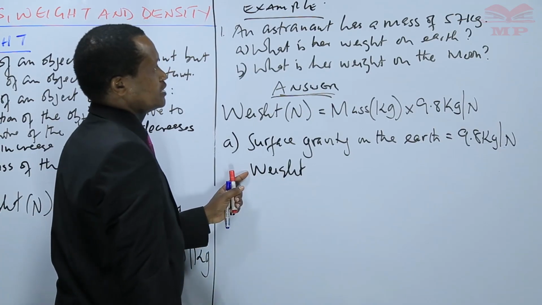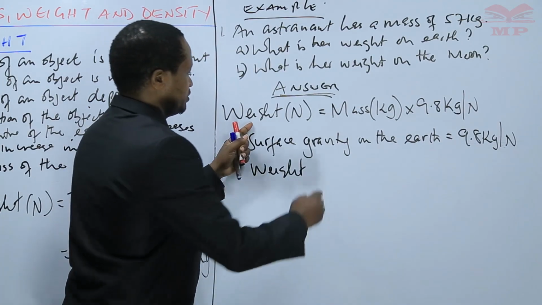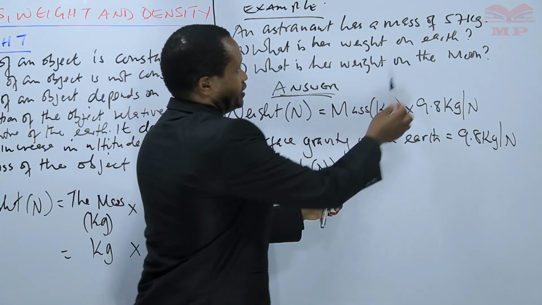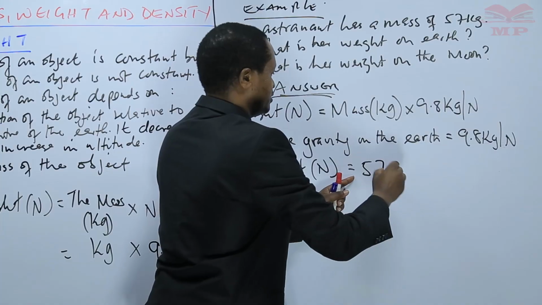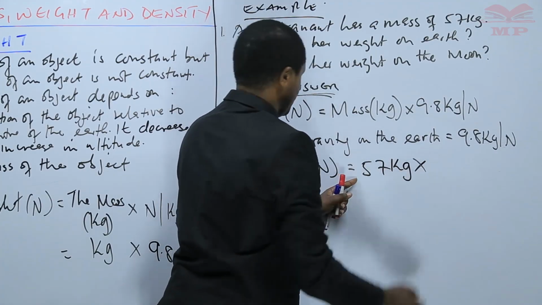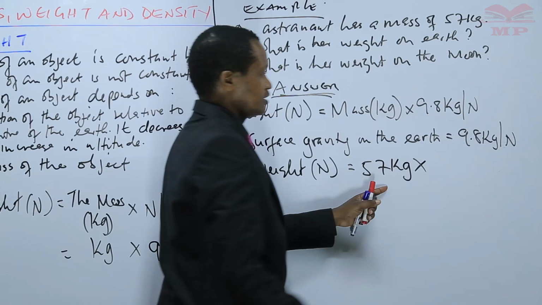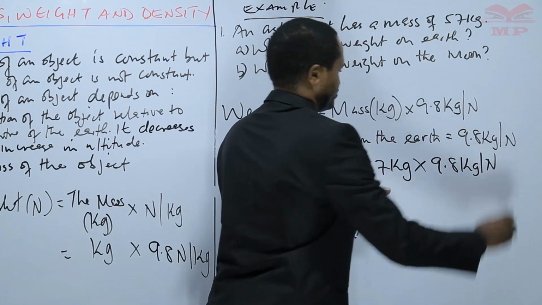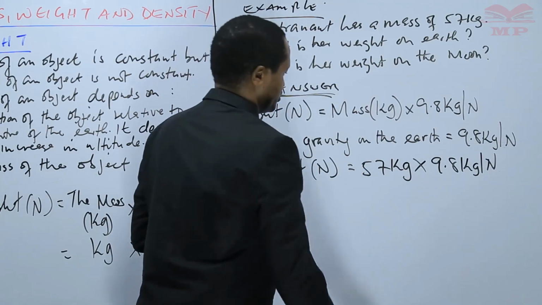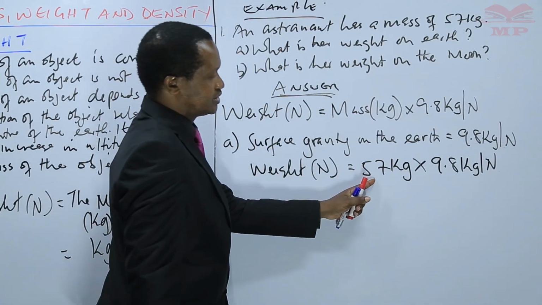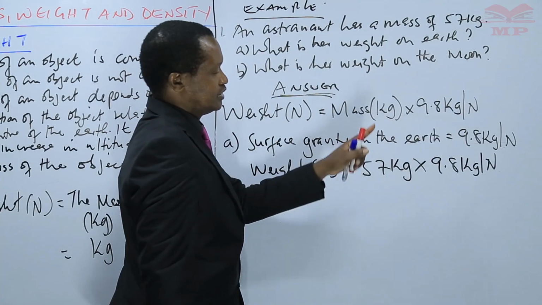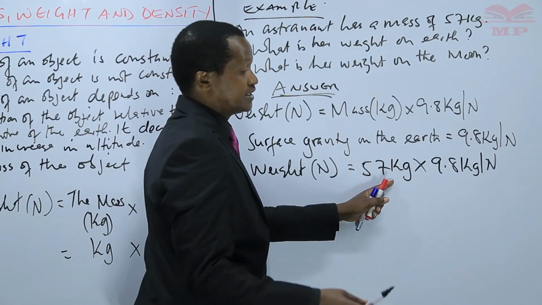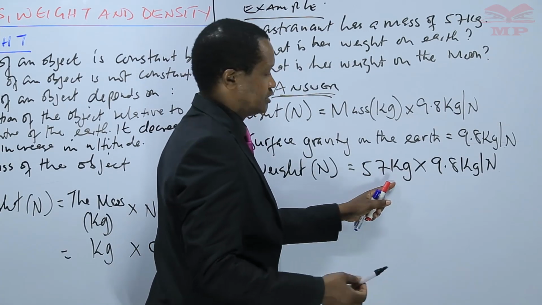So the weight of a mass of 57 kilograms, in newtons, will be equal to the mass, which we are given as 57 kilograms, times the surface gravity of the Earth, 9.8 newtons per kilogram. Remember, this mass has to be in kilograms. If it's not, you convert to kilograms. You may be given mass in tons, in grams, and so on.